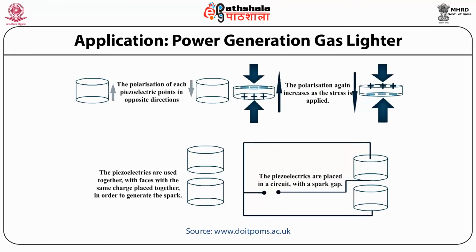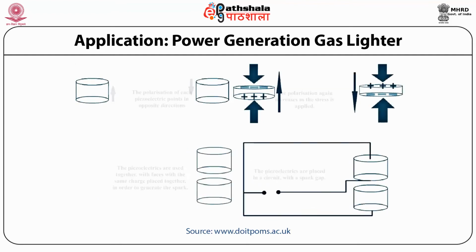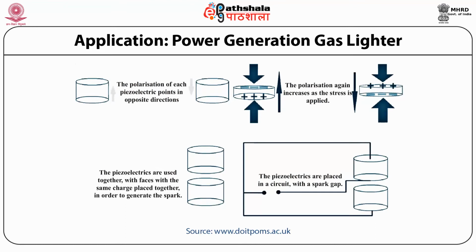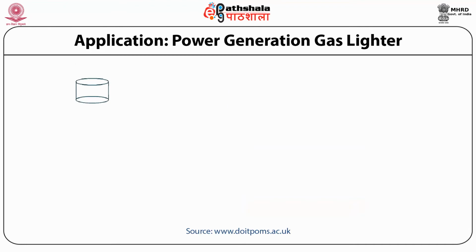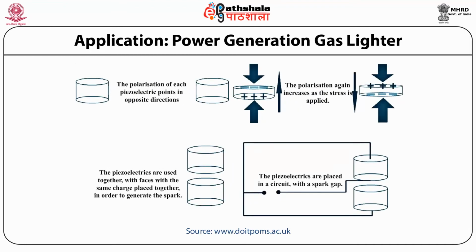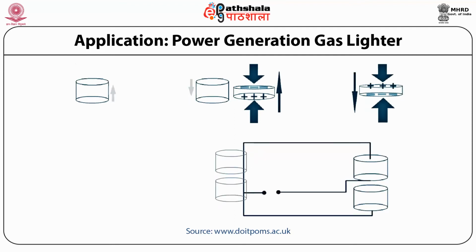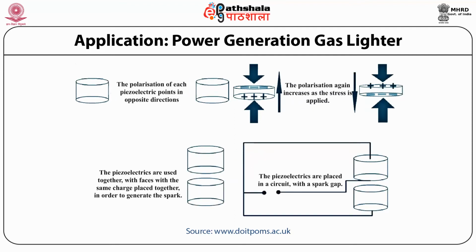The charges flow from the end faces and the middle faces through the circuit, giving rise to a spark in the spark gap which can be used to ignite a gas. One must apply the force quickly, otherwise the voltage generated disappears because the charges leak away through the piezoceramic across its surface and through the apparatus.